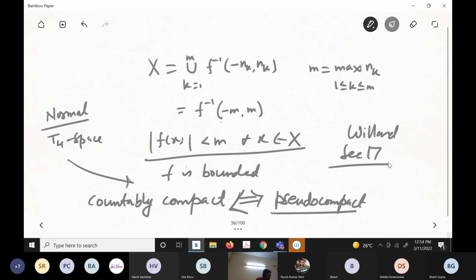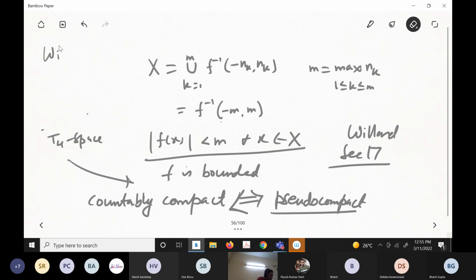If you're interested, you can try to look at the proofs on that. This is Willard. The pseudo-compact T4 space is countably compact. He's taking T4 because he's defining on X a space is called T4 space. I think you need that. Normal plus Hausdorff.